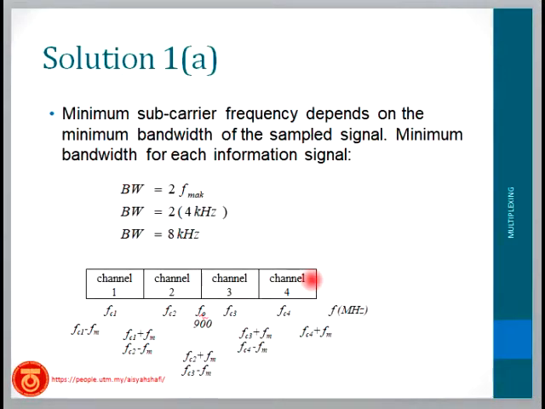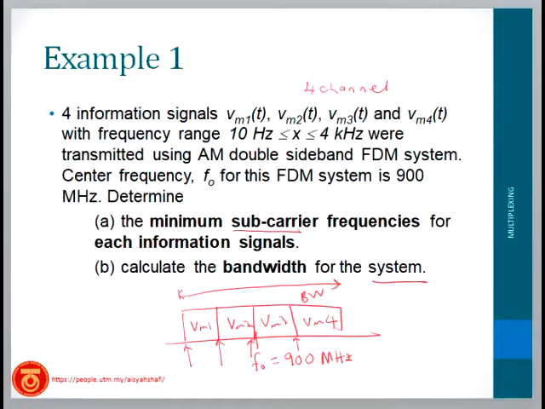Okay, the minimum subcarrier frequency depends on the minimum bandwidth of the sample signal, and the minimum bandwidth of each information signal is, okay, we have the Fmax is this one. Because the signal here, this is FM.